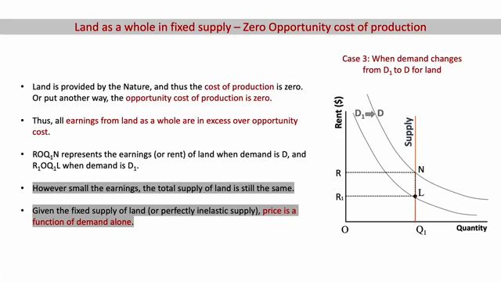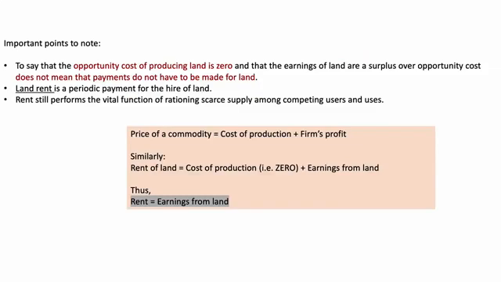So we understood that the opportunity cost of production of land is zero, and price is solely determined by the demand alone. However, it is important to note that saying that the opportunity cost of producing land is zero and that the earnings of land are a surplus over opportunity cost does not mean that payments do not have to be made for land.